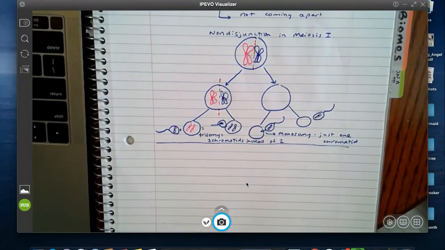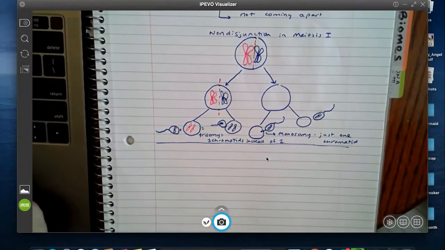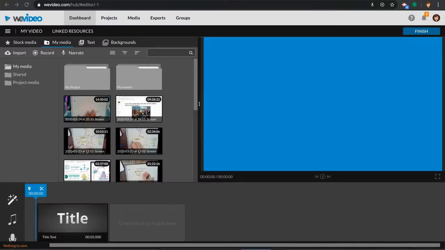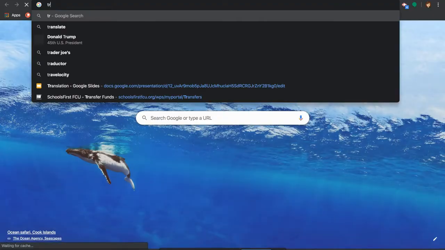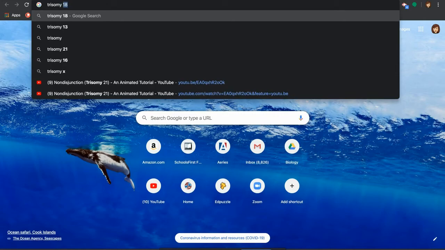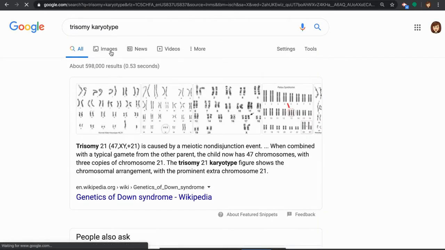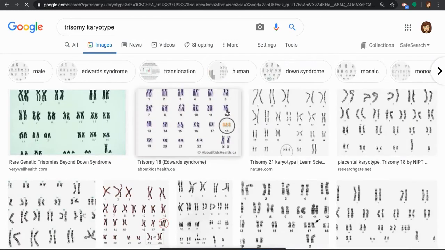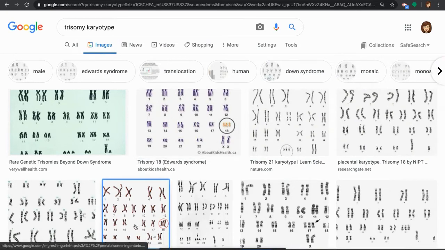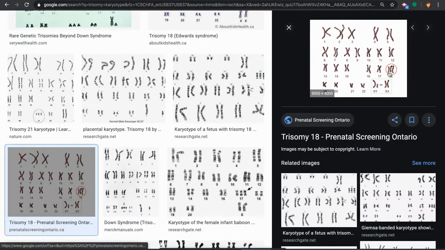All right, so let's look at an example of this. Let's go to Google Images. Let's go to a trisomy karyotype. All right, check it out. That's trisomy 18. There are 3 chromosomes there instead of 2. Well, that's a better picture because it's not replicated yet.